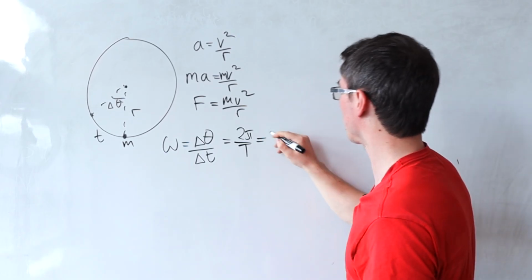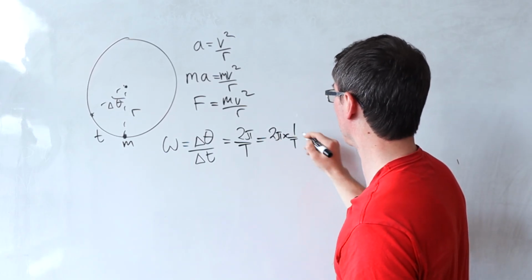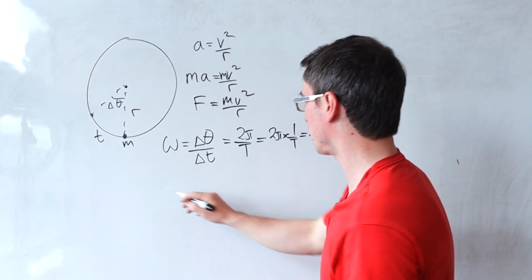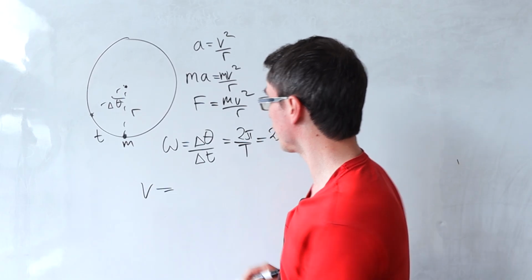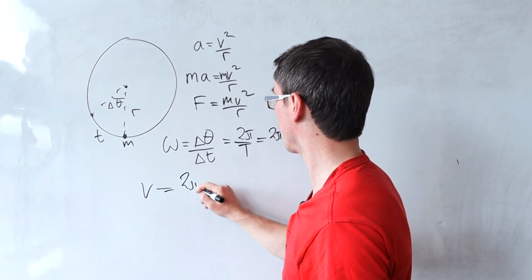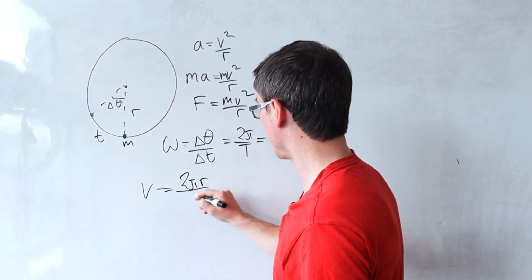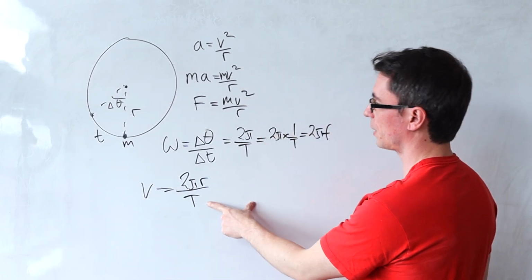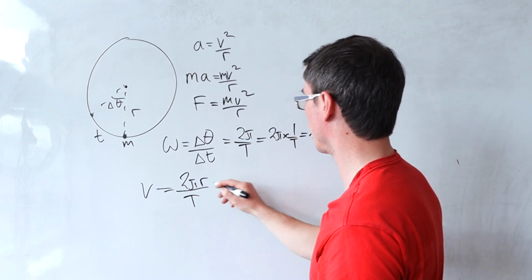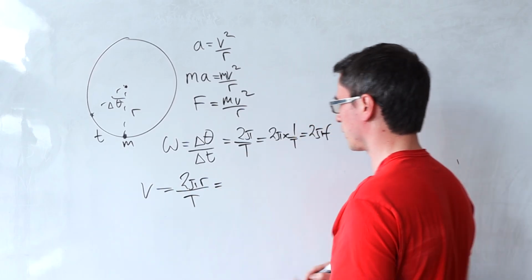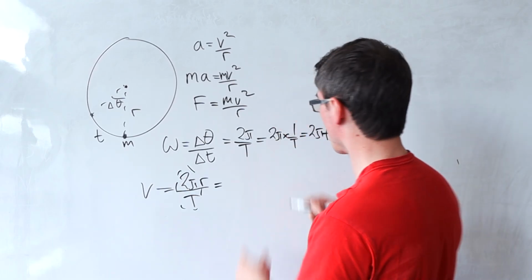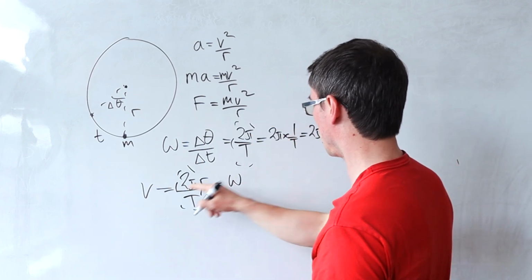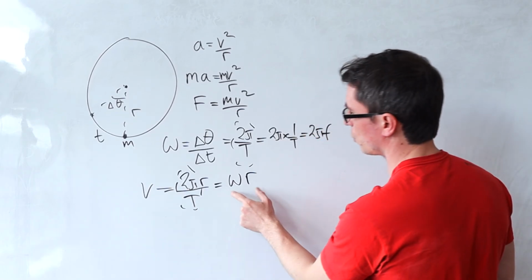We can also write this as 2 pi times 1 over t, which is just equal to 2 pi f. Another equation which is often very useful is that our linear speed is 2 pi multiplied by the radius divided by the time period. This is just the distance divided by the time, where 2 pi r is the circumference. Okay, so 2 pi r divided by t, but hang on a minute, 2 pi over t is just omega. So another way we can write this is that v is equal to omega r.